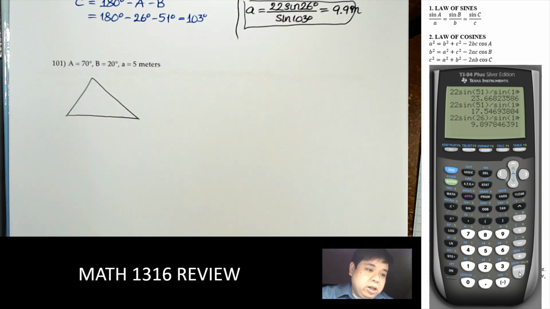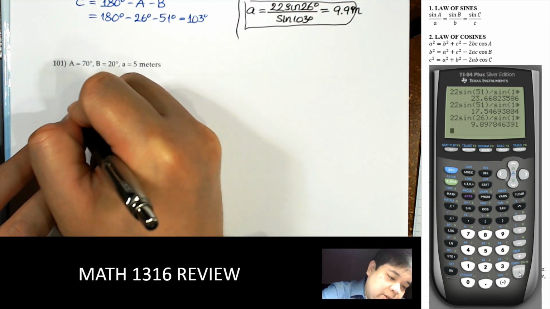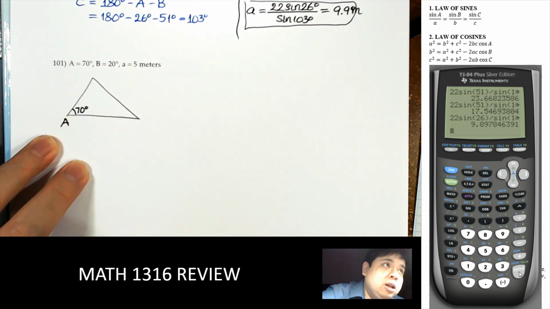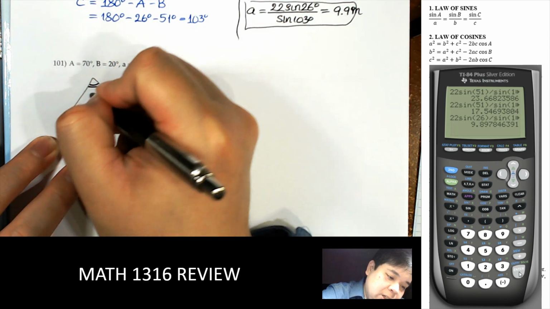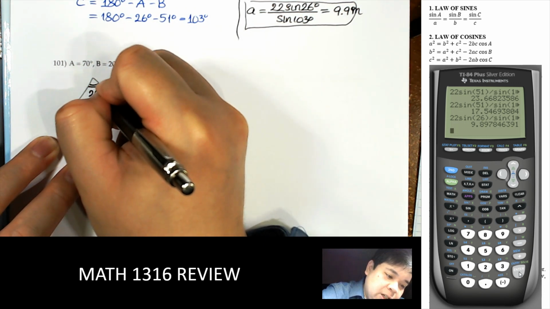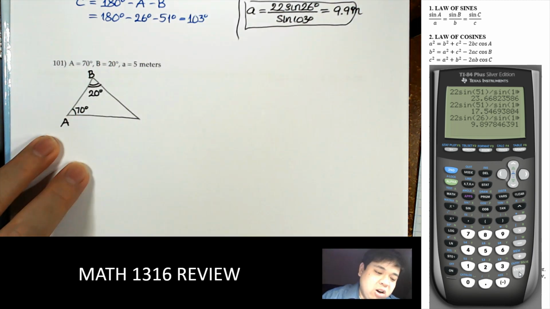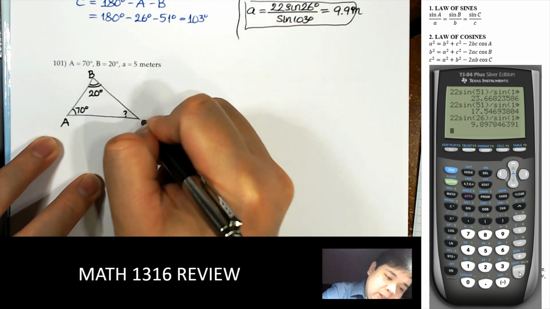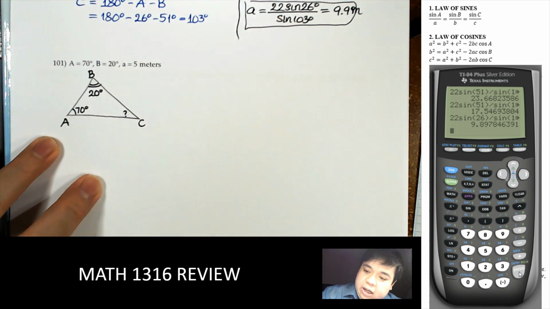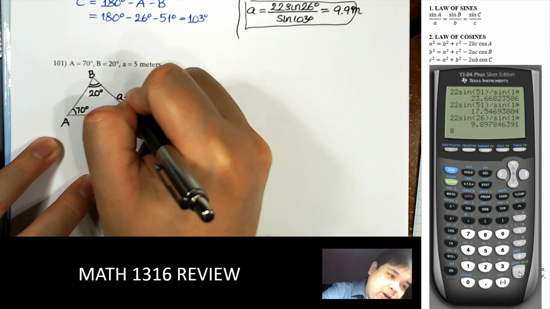In this triangle we are given angle A, 70 degrees, angle B, because we just draw that to have something to refer to. We don't know C. Opposite to angle A is side a, 5 meters.